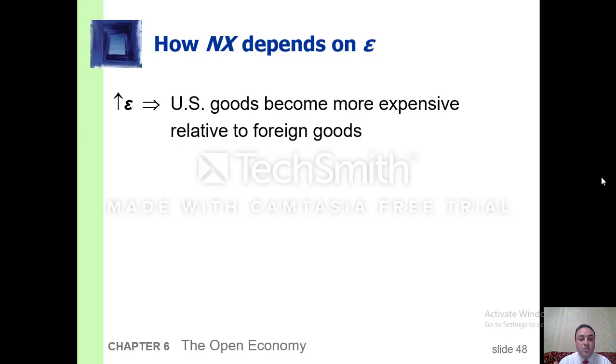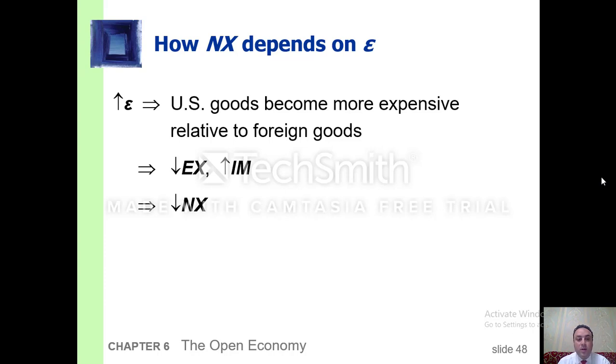So when the real exchange rate increases, the US goods become more expensive relative to foreign goods. In this case, what will happen? The exports will decrease and the imports will increase.